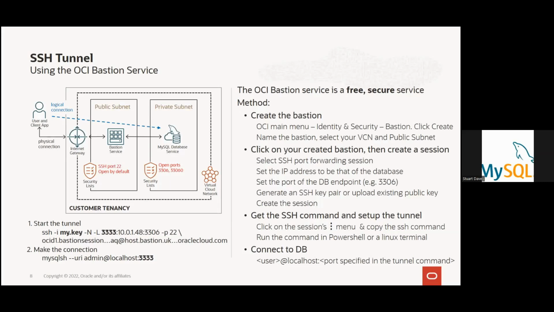Now this sounds quite complicated, but the nice thing about the Bastion service is that when you've actually created a session, you can simply click on a triple dot menu item, and that will bring a drop down for you where you can copy the SSH command. So basically all you have to do is copy the command in, and the only things you have to change on that command thereafter are the path to your key and the port number, as I've just described.